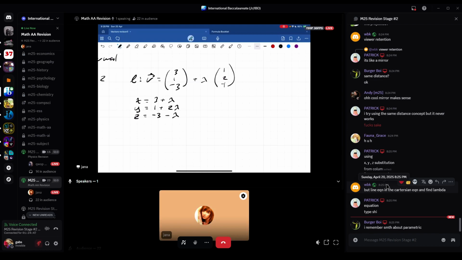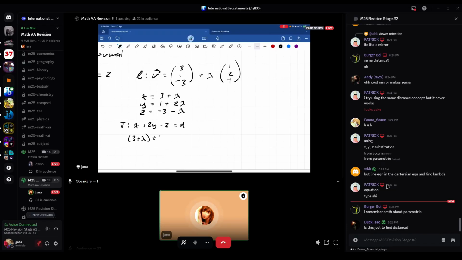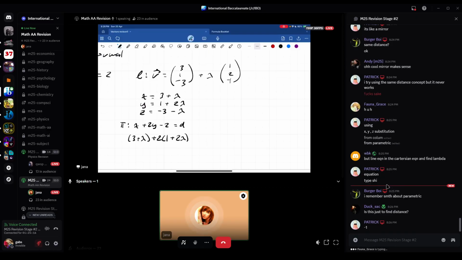Now we're going to put those back into the equation of the plane, pi: x plus 2y minus z equals 2. And we know that x is 3 plus lambda, plus 2 into 1 plus 2 lambda. This isn't to find distance, this is to find the point of intersection between the line and the plane.